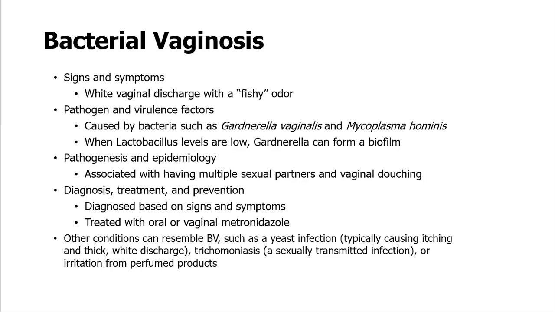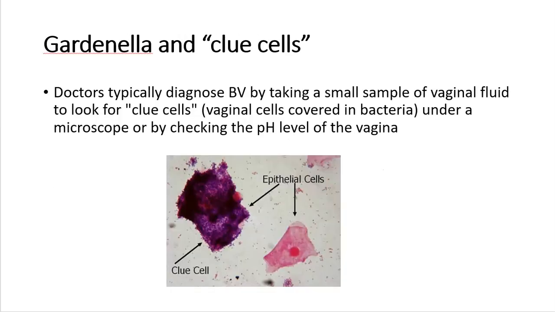We can diagnose this based on signs and symptoms. We can also get a swab and grow this bacteria out and confirm the diagnosis. One of the things that we look for is clue cells.